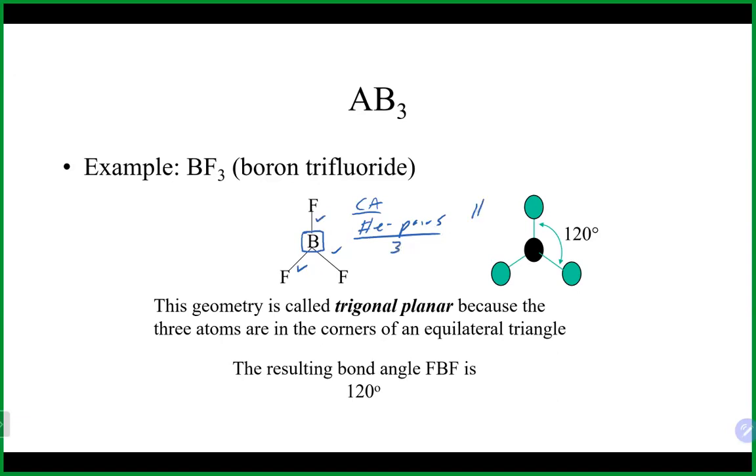Our number of bonds in this case is also going to be 1, 2, and 3. So something with 3 electron pairs, its electron pair geometry, which I'm abbreviating as EG, is what is referred to as trigonal planar. Some people call it triangular.